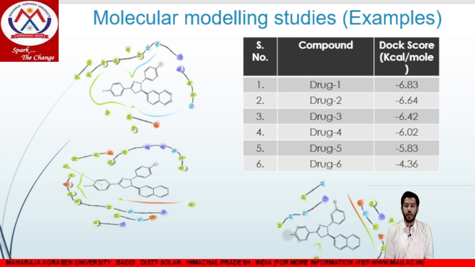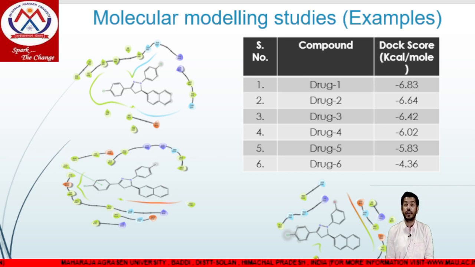If we go to drug 1, we find the dock score. I explained earlier what the dock score is. It shows the best docking pose. The more negative the dock score or glide score, the more reliable the binding pose of your ligand molecule with its receptor.